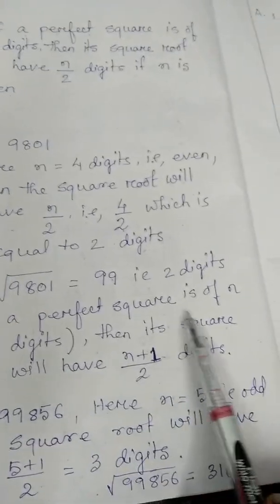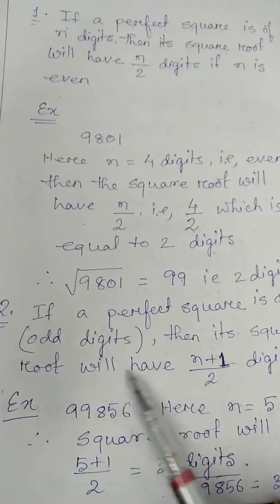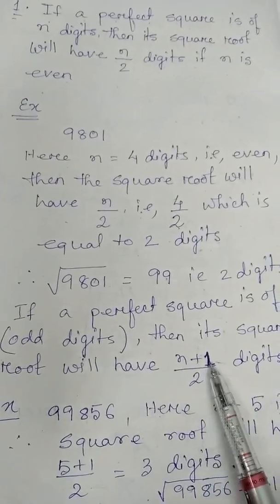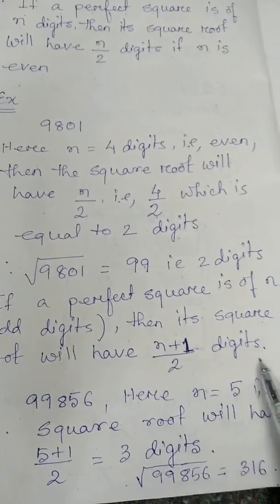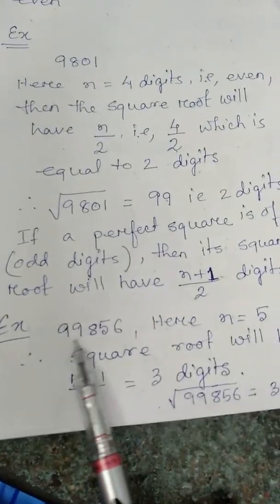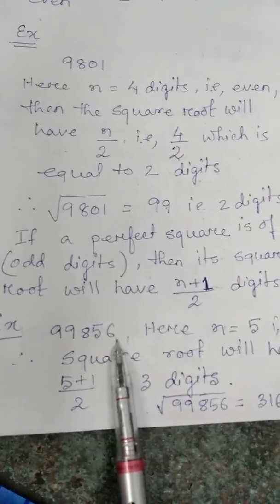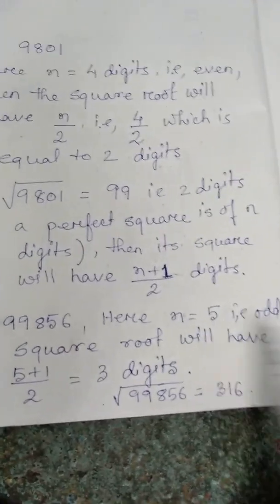If a perfect square is of odd digits, then its square root will have n plus 1 divided by 2 digits. Say, for example, how many digits are there in the example I have given? 5 digits, that is an odd number. So how will I find out?